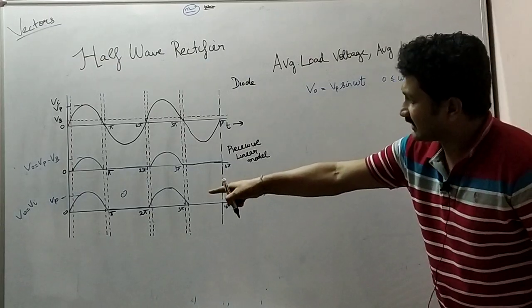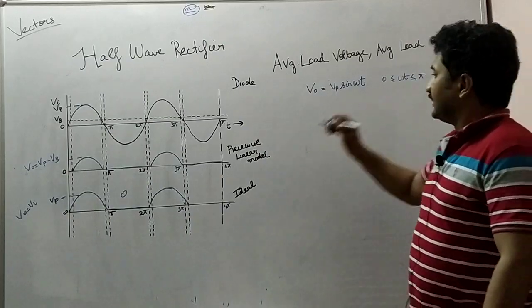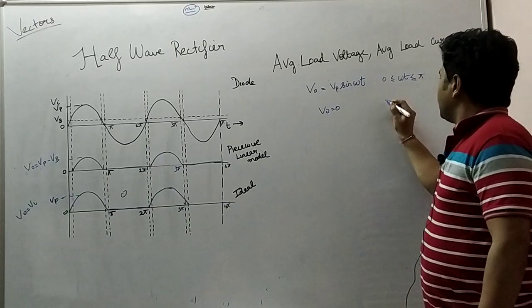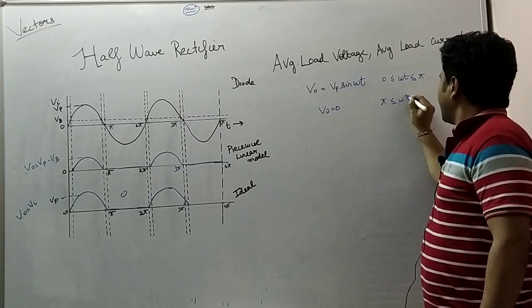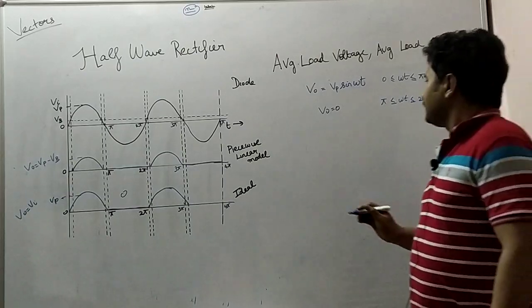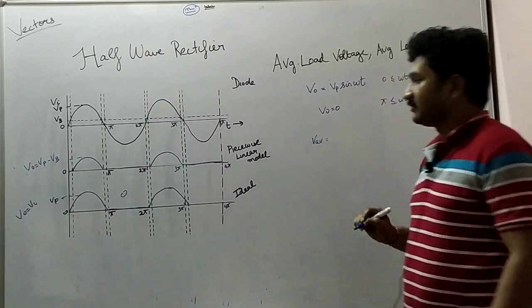If you can see that condition will be matched here. In the negative half cycle, V0 will be 0 when it falls under the condition pi to 2 pi. Our objective is to find the average voltage.